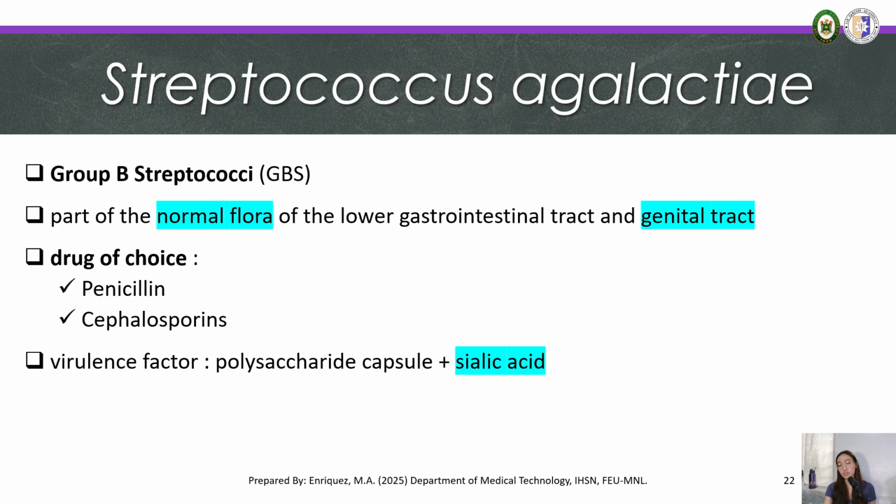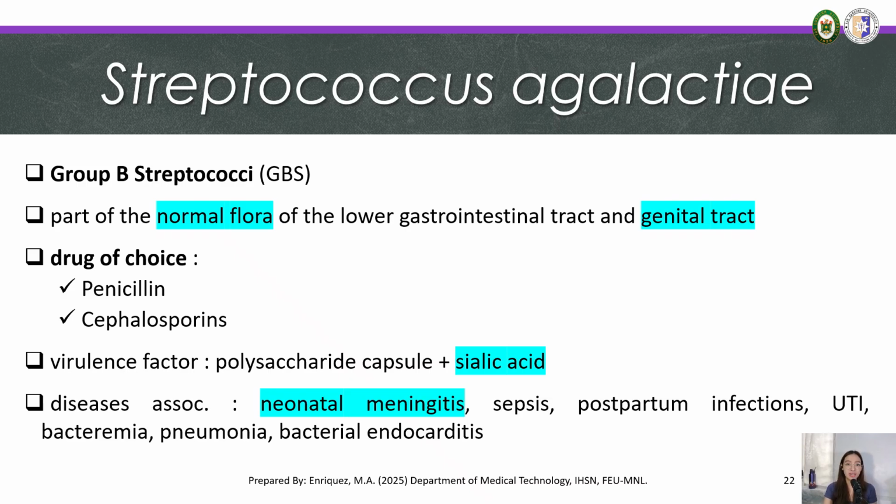Okay? So, strep agalactiae has been associated with many different nosocomial infections, but the most notable disease is neonatal meningitis. All right. So, colonization of the vaginal and rectal area with group B strep is found in about 10 to 30% of pregnant women. That's where neonates get the infection. All right.